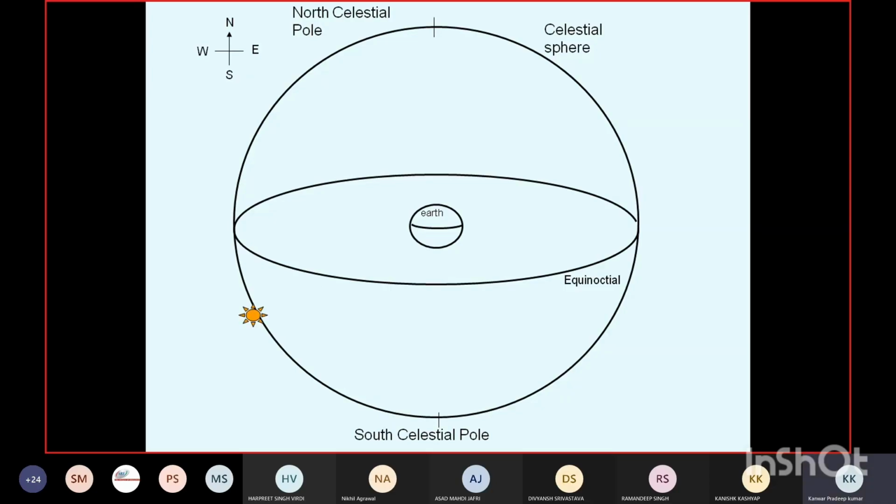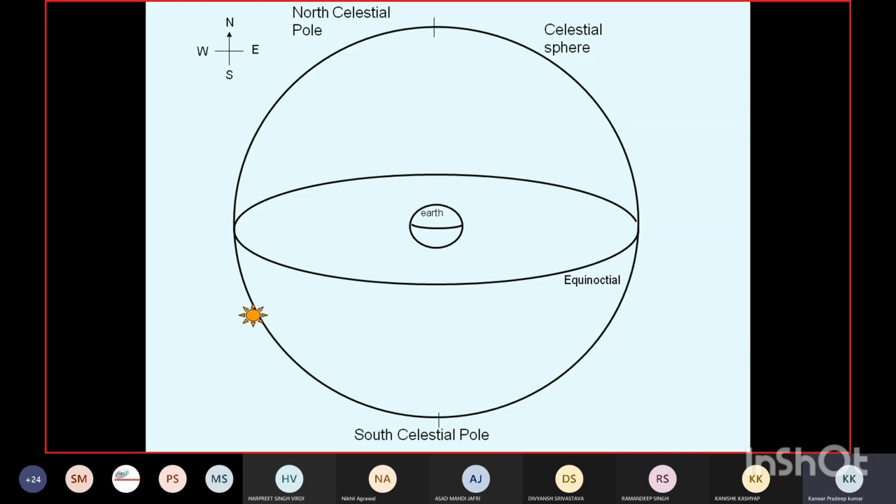Now this is the sun. If I trace the sun on its annual path, you know from the seasons that the declination of the sun changes from south to north. 23.5 degrees south is the maximum southerly declination. 23.5 north is the maximum northerly declination.